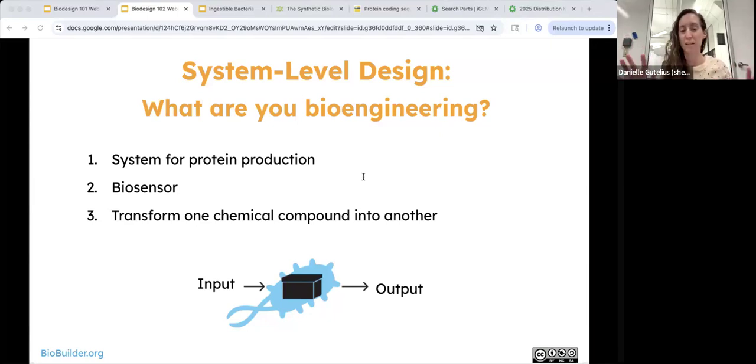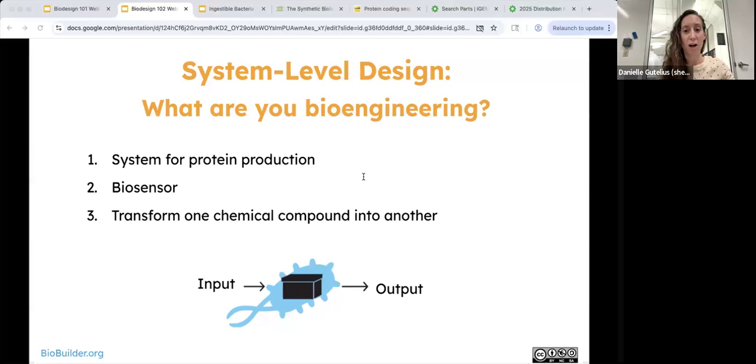Just that simple. And those blanks could be very vague. It could be, we want to engineer bacteria to break down plastic in response to whatever, seeing plastic, right? Or sensing plastic. So you want to define your overall purpose or function for your system.